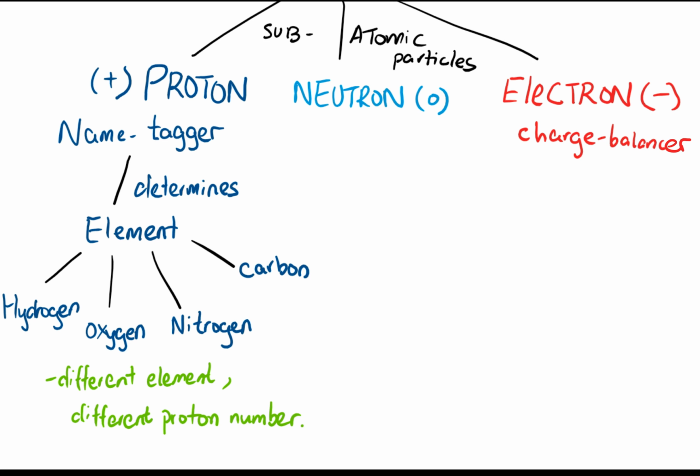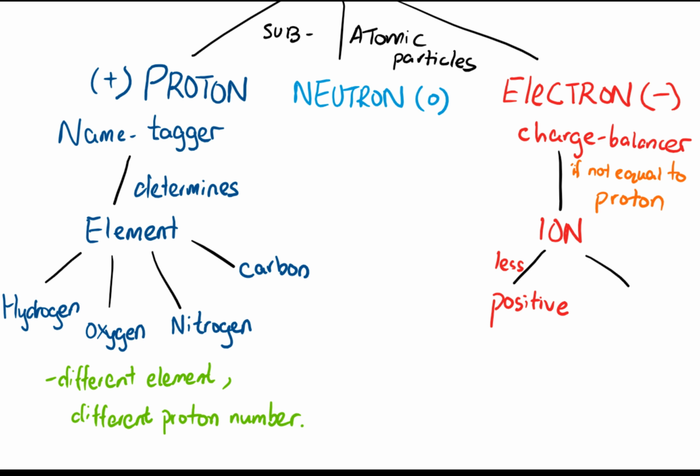An electron acts as a charge balancer. It cancels out the charge of protons because protons are positively charged. So electrons will neutralize the charge of protons. If your electron count is not equal to your proton count, you will become an ion, because now you have more electrons or more protons.